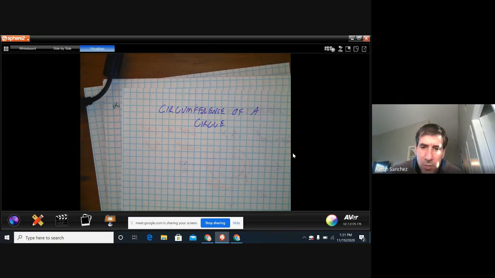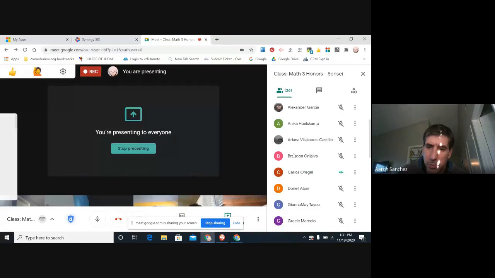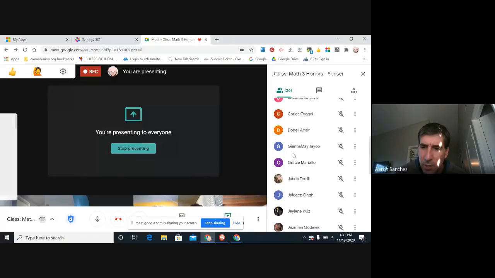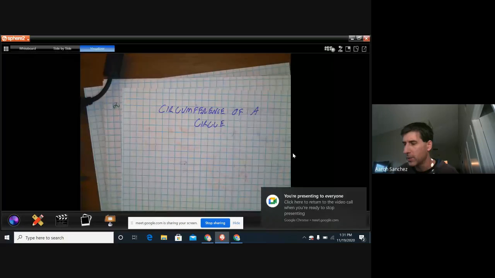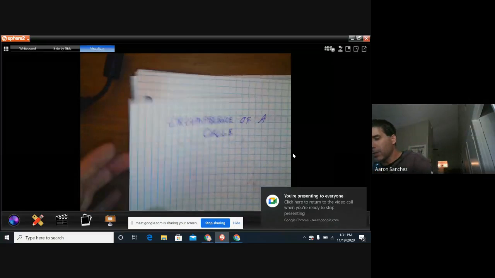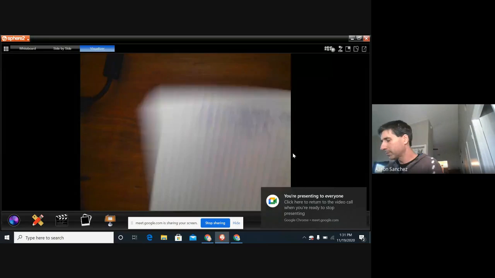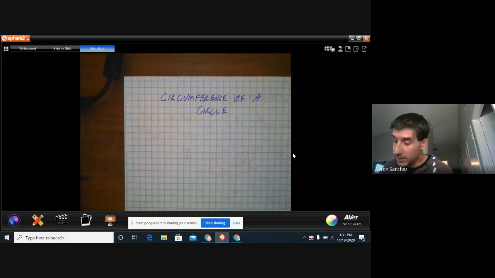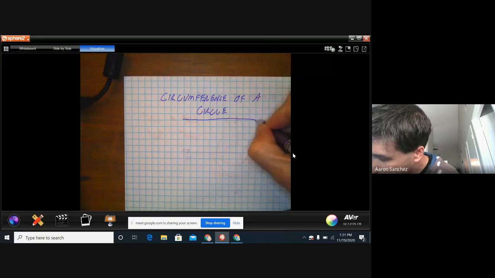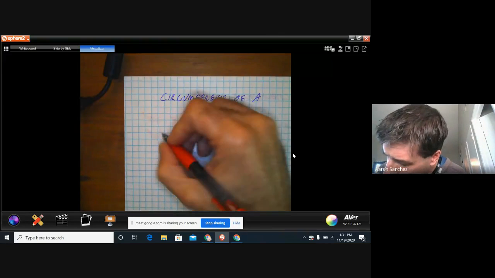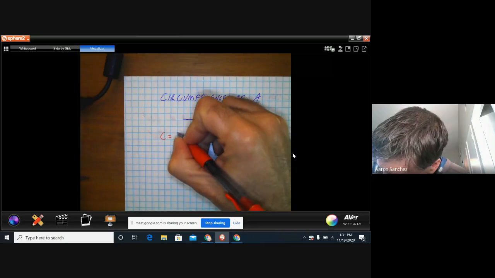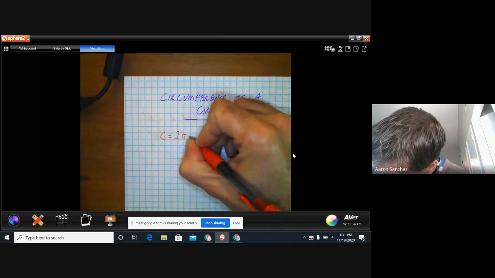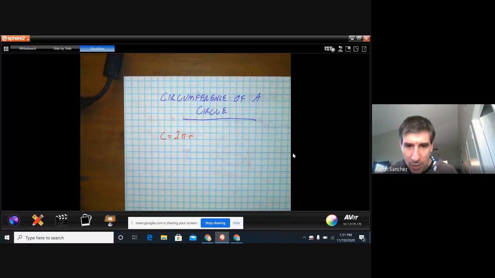That's part of a circle, but I like how you're using circle terms. The radius is from the center to the end. Gianna, do you remember how to find the circumference? Is it 2 times pi times the radius? Yes, strong work. Okay, everyone write this down. Circumference is 2 times pi times the radius.